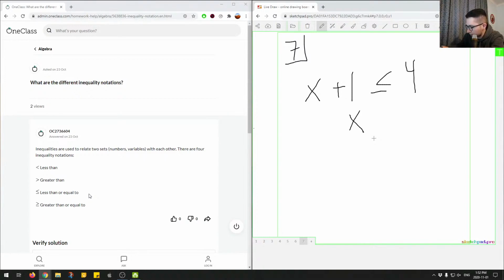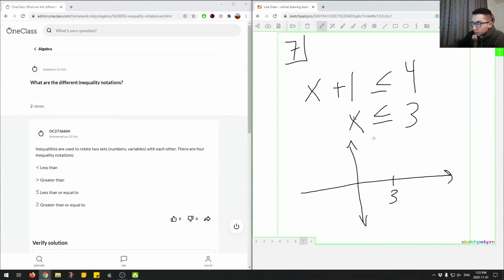Solving for this, you'd have x is less than or equal to 3, because you subtract 1 from both sides of the equation. Drawing this out, we know 3 would be somewhere over here. Then using a different color, since it could be equal to, we can draw a solid line right through 3, and it's anything less than or equal to 3. So we'd say it's this region.